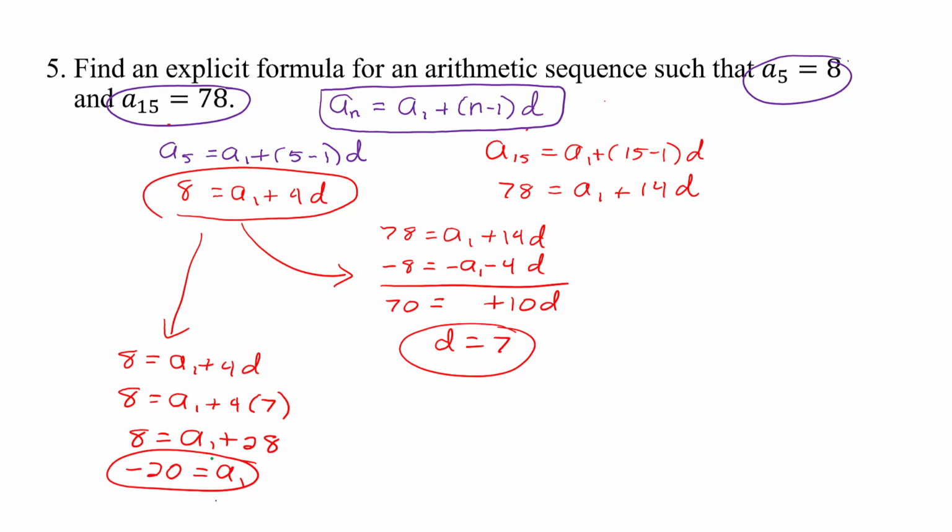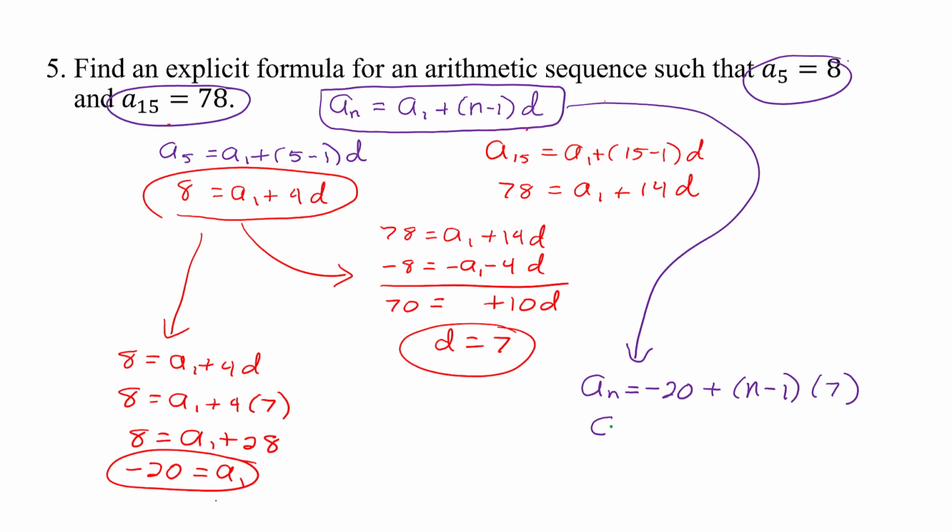We can then find our explicit formula, going back and grabbing our general formula for a sub n, and we can write a sub n equals a sub 1, which we found to be negative 20, plus n minus 1 times our common difference of 7.